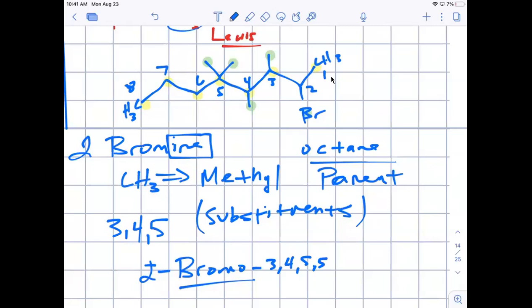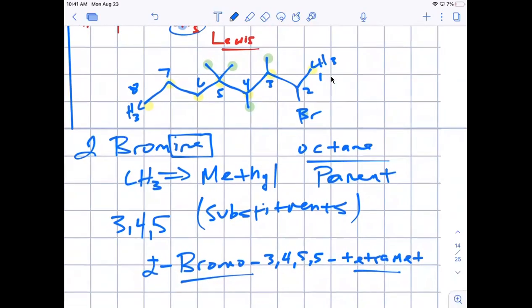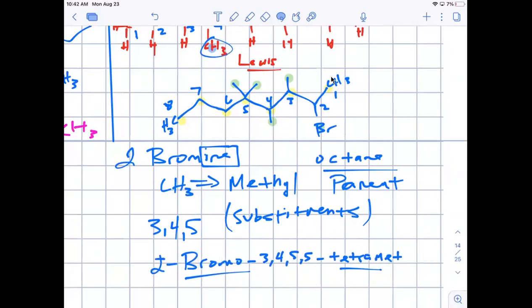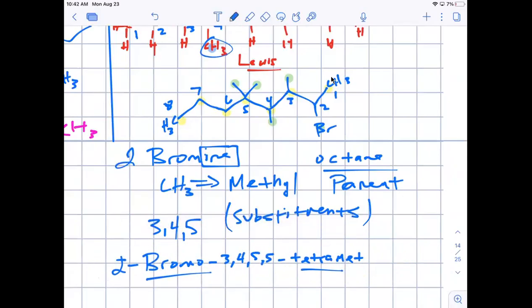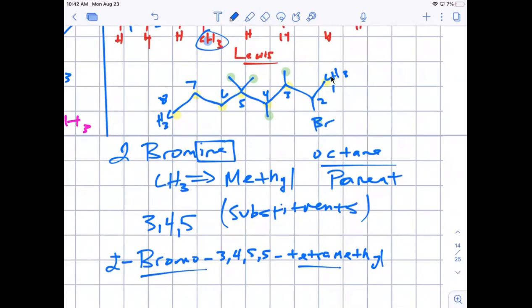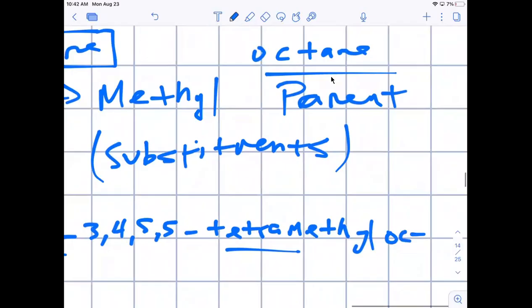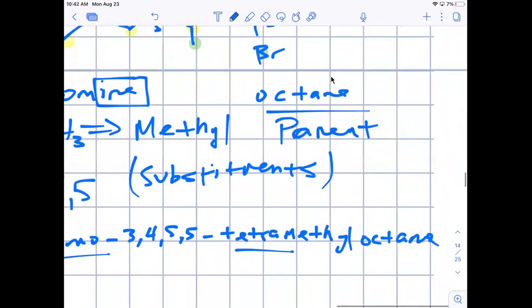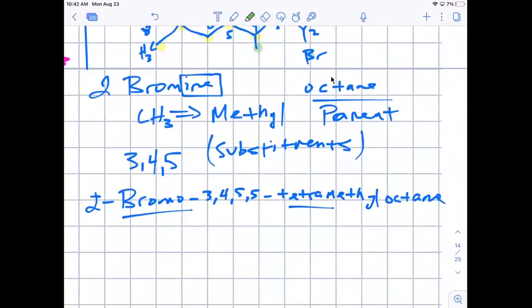We put that 5 twice because you have 2 methyl groups. Tetra, because it's 4 total. Methyl. Let me move this over some. Tetramethyl, and then octane, O-C-T-A-N-E. You see how the name tells you everything. So the parent, that's the backbone.